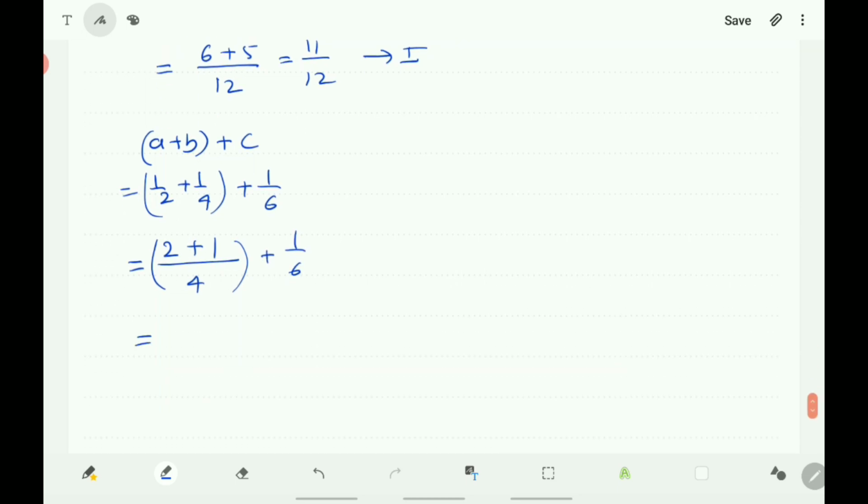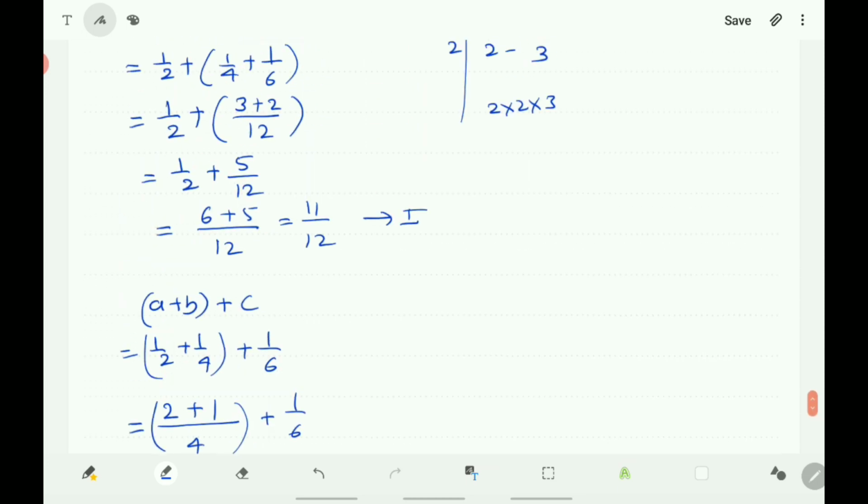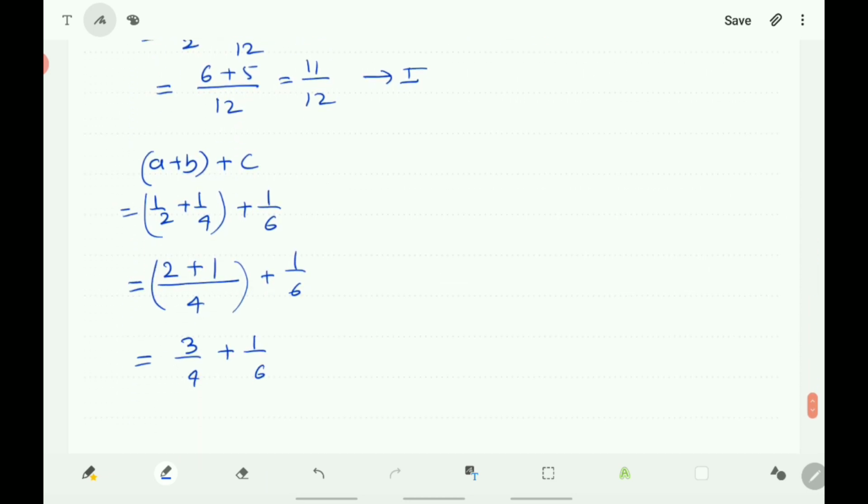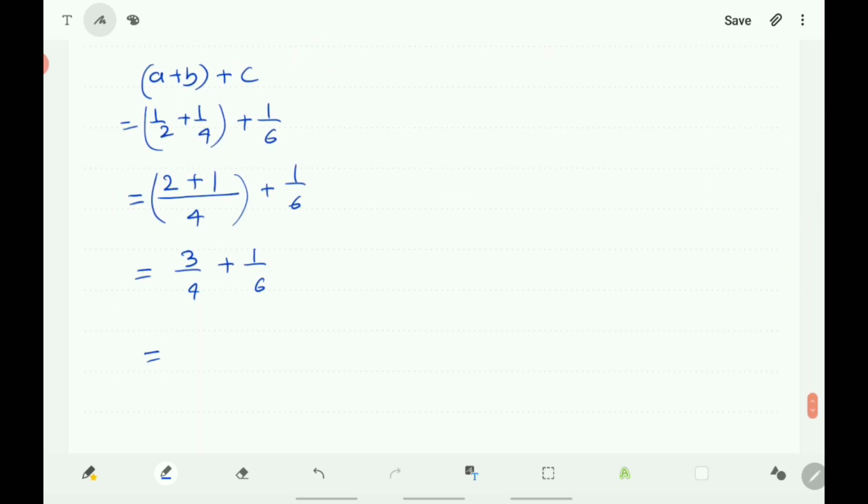Then 2 plus 1 is 3 by 4 plus 1 by 6. Now you find the LCM of 4 and 6. Again it is 12, you know. LCM of 4 and 6 is 12 and 4 threes are 12, 3 threes are 9 and 6 twos are 12, 1 two is 2. Again here you got 11 by 12, that is second.